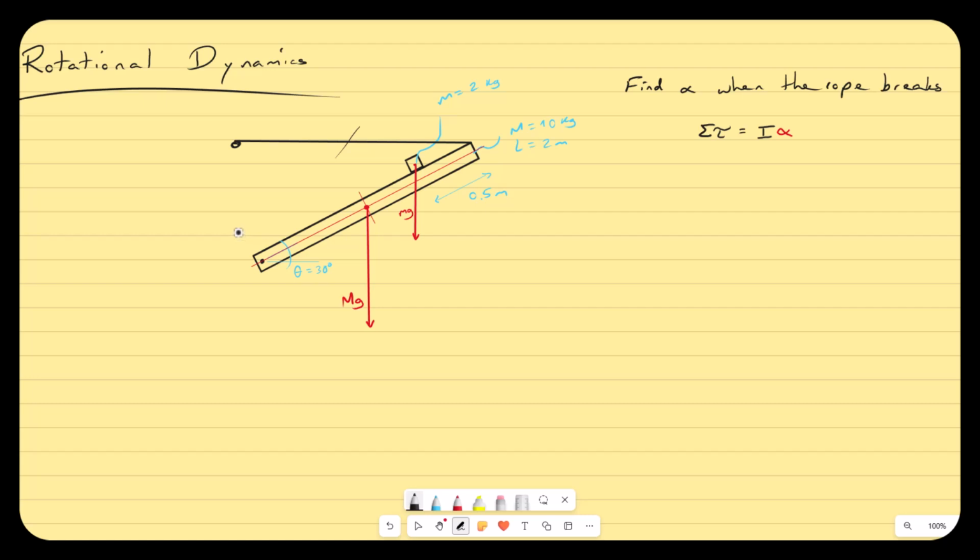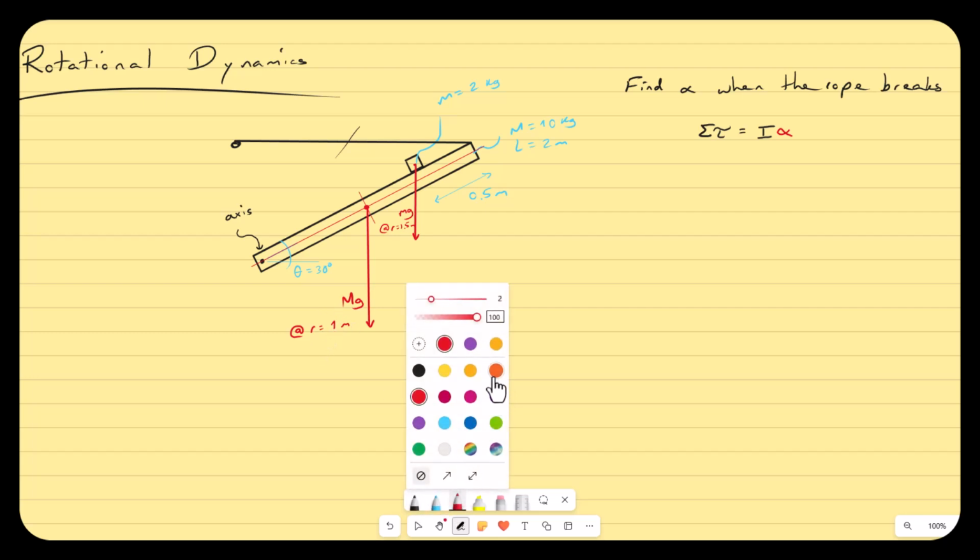Now I do have a set axis here, so there's no guesswork. So I do need to find where these forces are acting. This first force is acting at a distance of 1 meter from the axis, and the second force is acting at a distance of 1.5 meters.